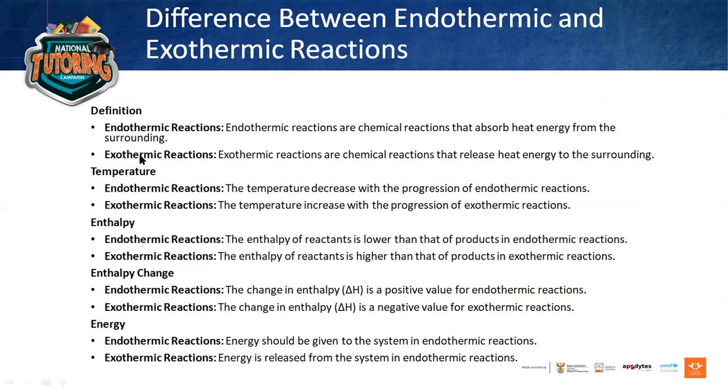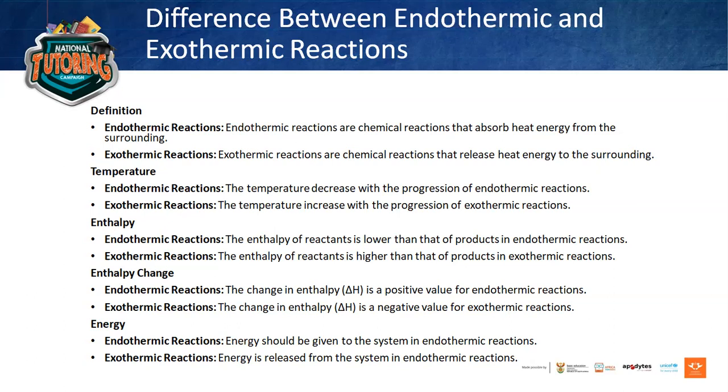When it comes to the temperature, for the endothermic reaction it decreases with the progression of the reaction, but for the exothermic it increases with the progression of the reaction. And then when we get to our enthalpy, the enthalpy of the reactants in an endothermic reaction is lower than that of the products.